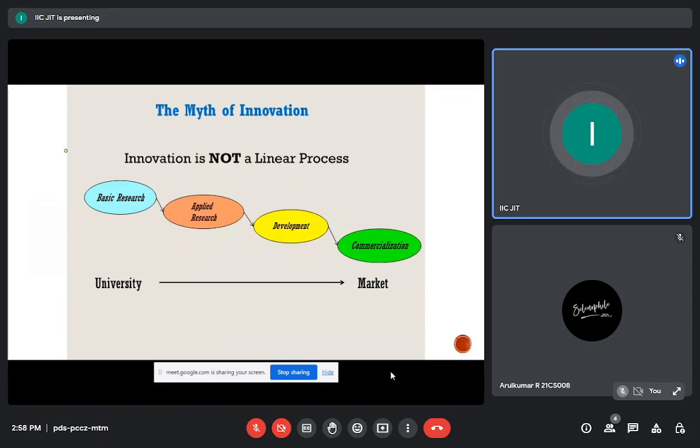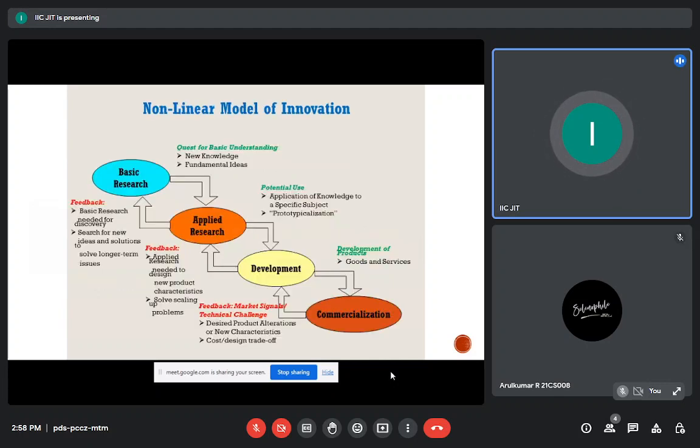It's not a straight line where you do some research, use the research to make something, develop it, and convert it into a product or a service. It's not so easy. There are a lot of crests and troughs. Next slide. It's very complicated. This is how the process of innovation is. You will find that at every part there is feedback.